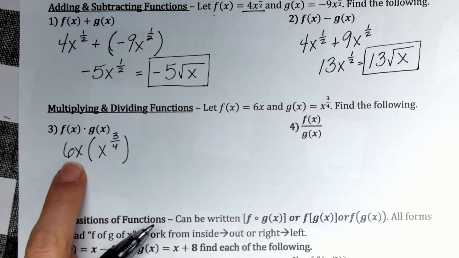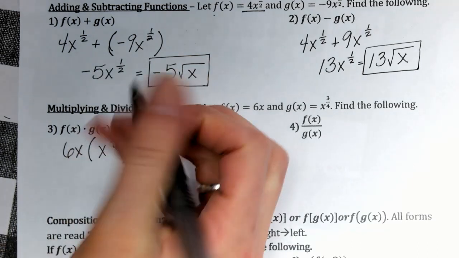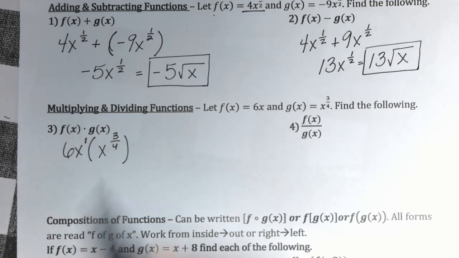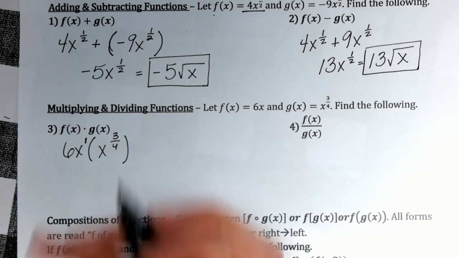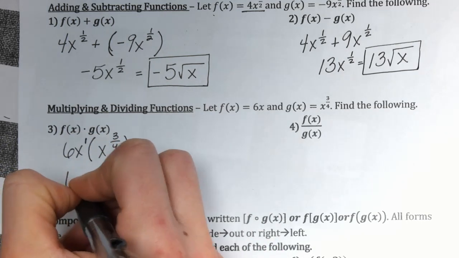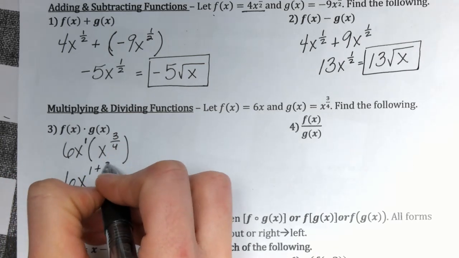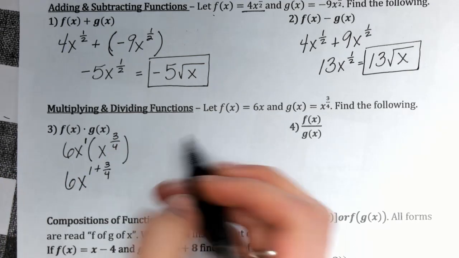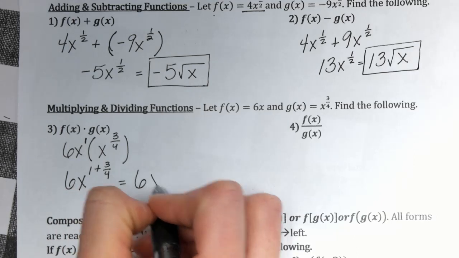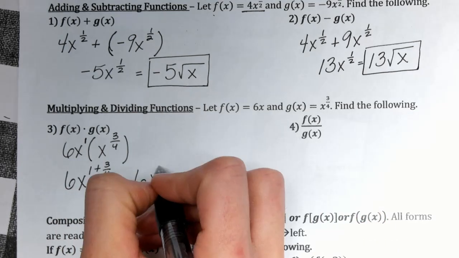Yeah. I have a 6x and an x to the 3/4. This x has an exponent of 1. Remember, when you multiply like bases, even though I wrote it in parentheses, I'm multiplying like bases. I'm going to add my exponent. So, I'm taking 1 plus 3/4. So, that's going to give me 6x to the what?